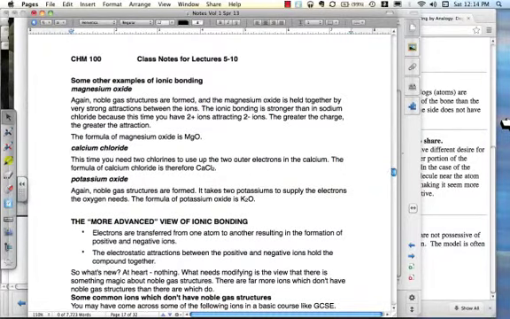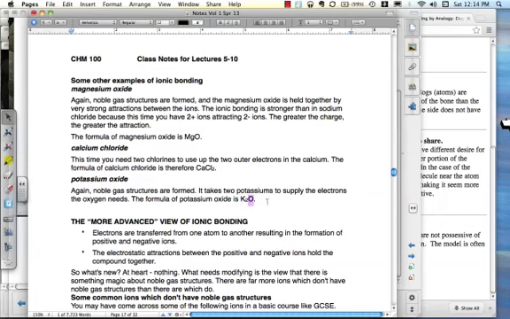So I said already that we change the ending of the nonmetal and leave the metal alone. When I write the formulas, the metal comes first, the nonmetal comes second. Do not change the name of the metal. So this substance here is called magnesium oxide, calcium chloride, potassium oxide.